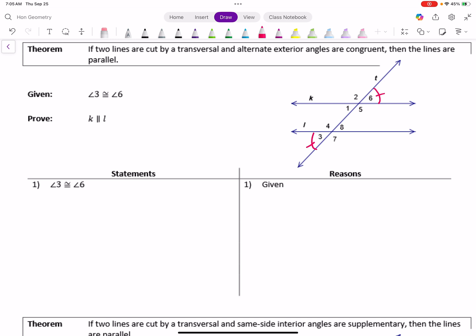So again, I like to go through the corresponding angles. The corresponding angles just make sense to me. So I'm going to say that angle 3 is congruent to angle 8, because vertical angles are congruent. And then I know that 6 and 8 are congruent by the transitive property from steps 1 and 2.